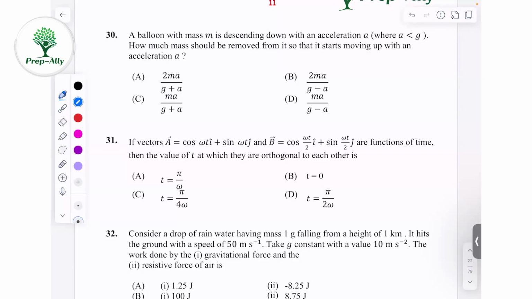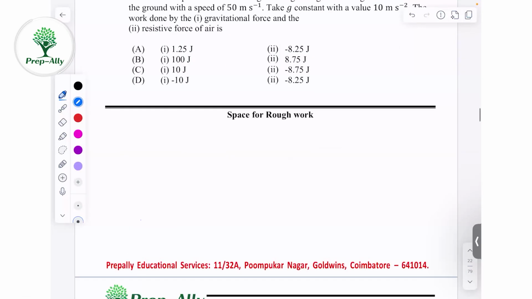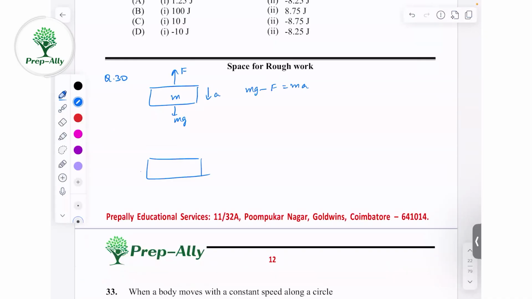Now, some m dash is removed. Mass is just m minus m dash. The net force acting upward is the same, but now the weight has reduced. It's m minus m dash times g, such that the body is now accelerating. So then we can write upward force minus m dash g equals m dash into a. If we add both these equations, we can eliminate the upward force term.